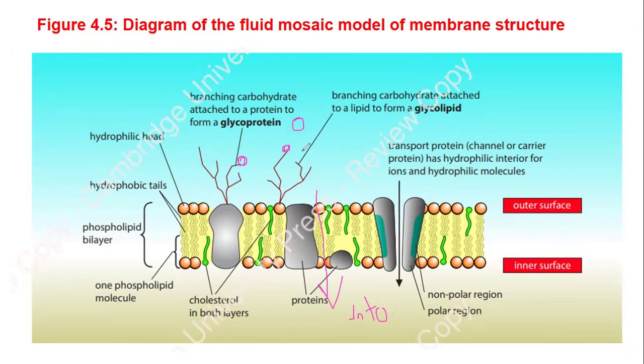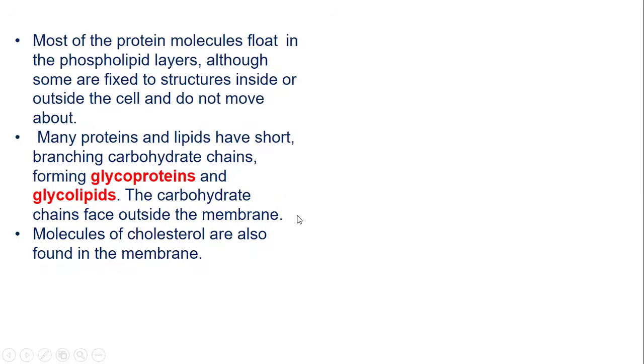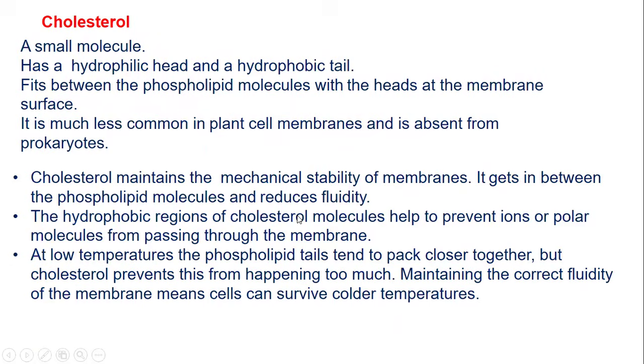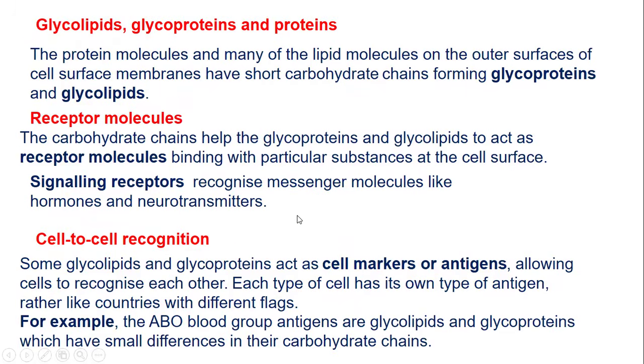An example: when hormones come in, for the cell that they really affect, those hormones most of the time will attach to those receptors. So one of the uses of the glycolipids and the glycoproteins is to act as receptors, ready to receive messages that are in the form of maybe hormones or neurotransmitters.